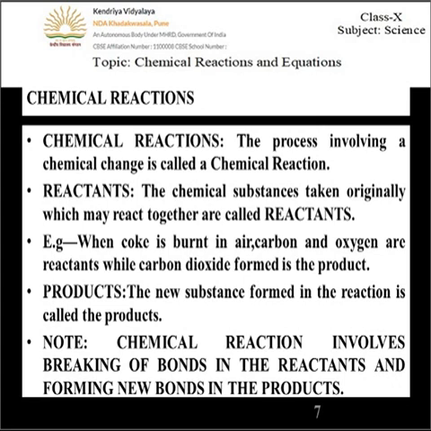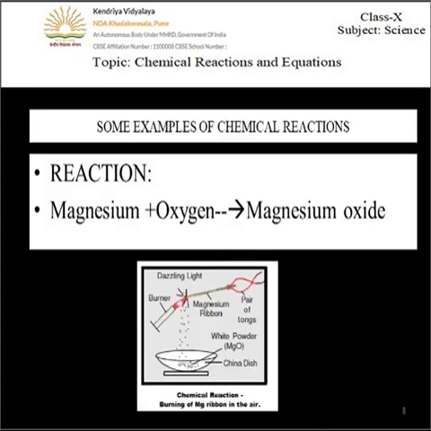Now let us look at the next slide. Here we are going to discuss some examples of chemical reactions. The first example is the reaction between magnesium and oxygen. As magnesium and oxygen react together, they are both the reactants, and after the reaction they give us a new product called magnesium oxide.